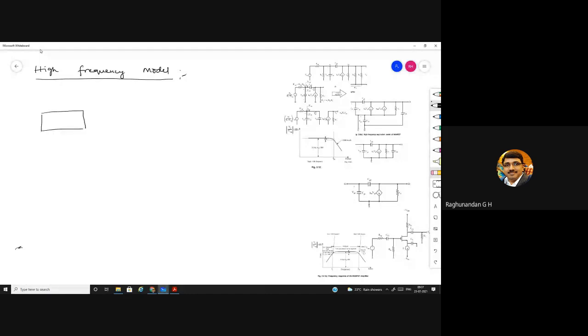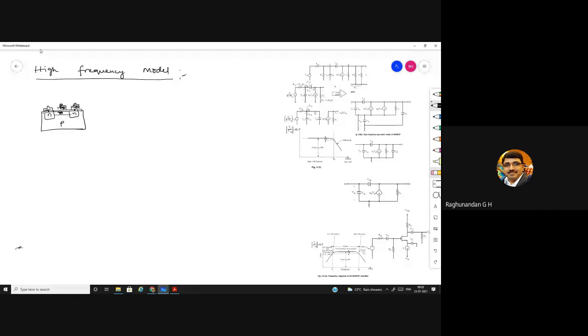this is N, this is N, this is P. So this is an N-channel D MOSFET, which I have taken as an example.